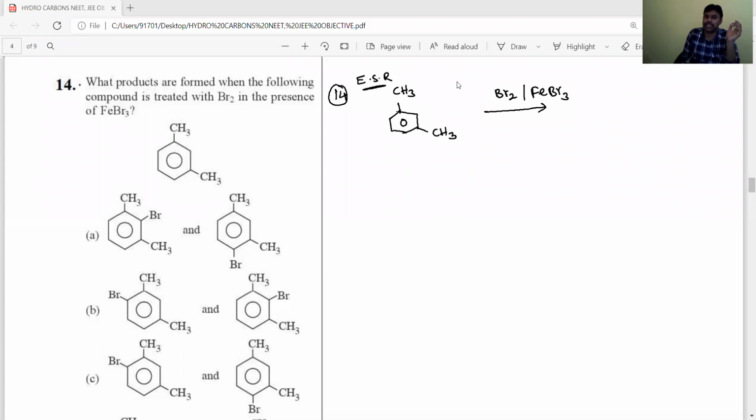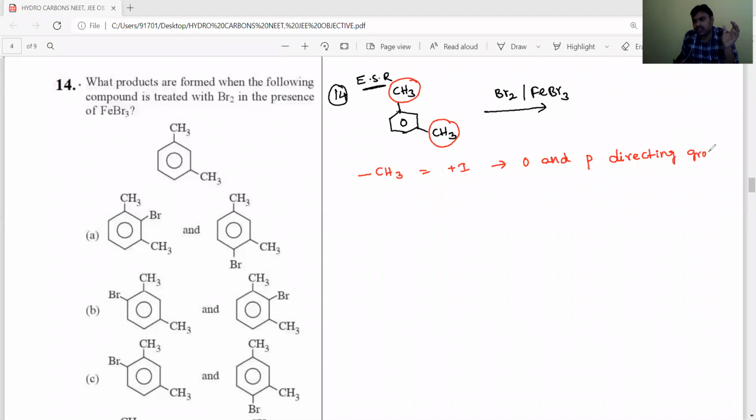In this electrophilic substitution reaction, the benzene has two substituents, that is, a disubstituted benzene. The CH3 groups are plus I groups, electron donating groups, and act as ortho and para directing groups.